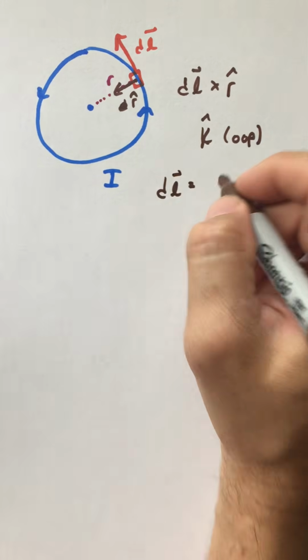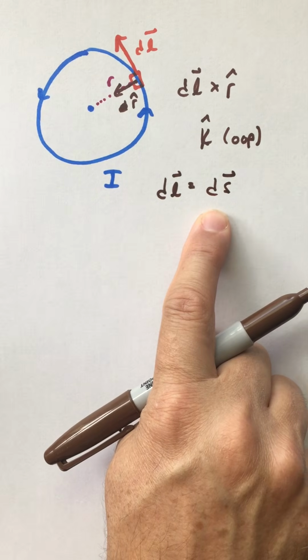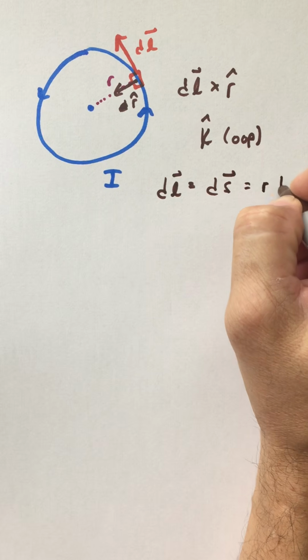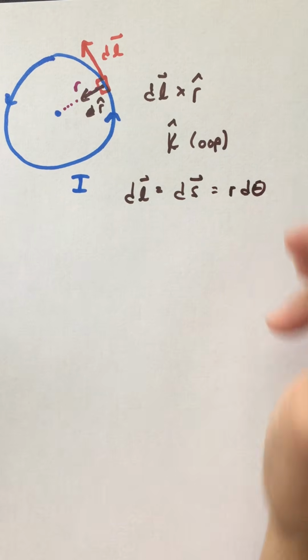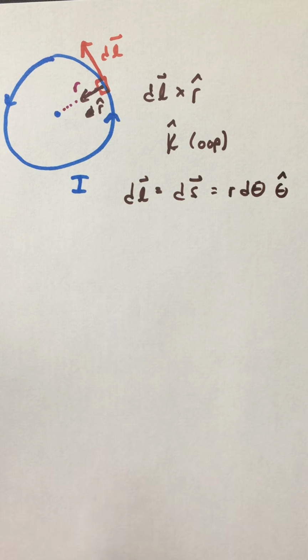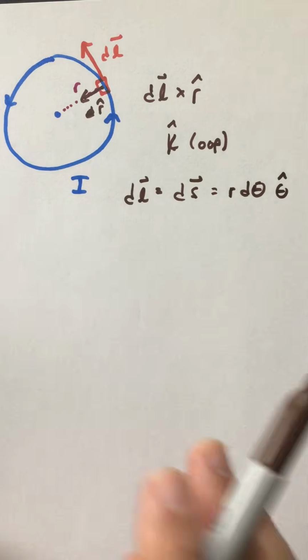I'm using the math language there. For an arc length, we know how to determine an arc length. That's going to be r d theta. And then how am I going to indicate the direction there? Theta hat. Theta hat is a unit vector that always points in the theta direction.